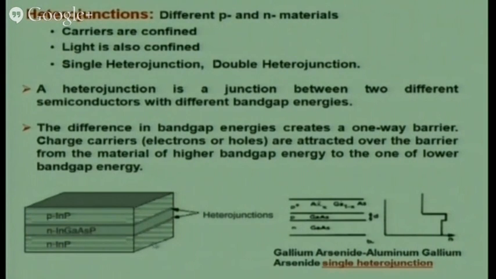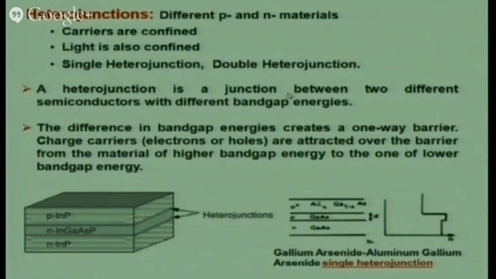In the same way, one can look at a single heterojunction, where you have p-type gallium arsenide and n-type aluminum gallium arsenide. So there is only one heterojunction here. If we see the refractive index profile, we see that there is confinement of carriers at this point only. We have a high refractive index profile, and a low refractive index profile at both ends. That means the carrier is now confined using a light pipe effect.